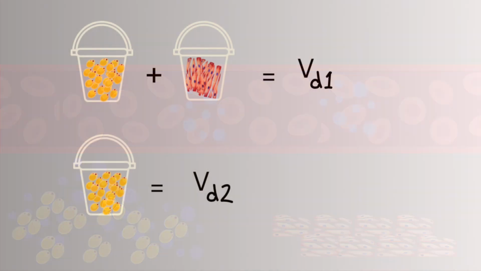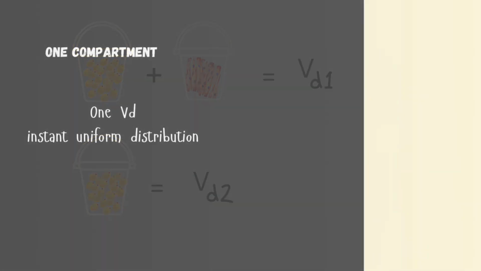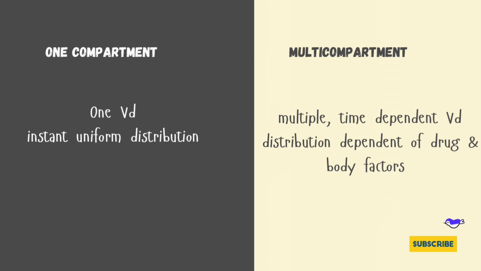When both muscle and fat are contributing to maintaining equilibrium, the volume of distribution will be different than when only fat tissue is maintaining equilibrium. This is why the multi-compartment model has a time-dependent volume of distribution, while the one-compartment model has a fixed volume of distribution.